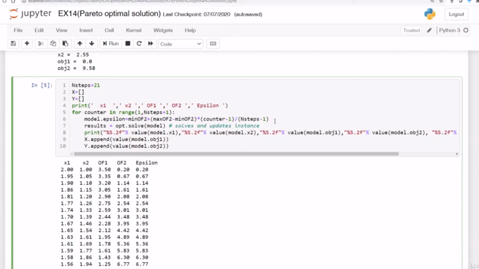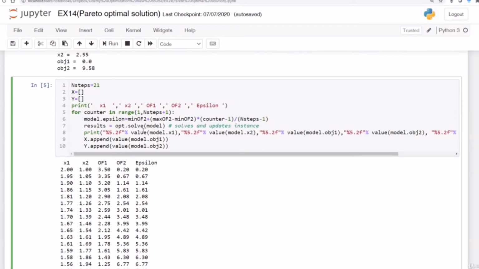I write a for loop, and at each iteration I am updating the value of the epsilon. So at the first iteration it is minimum OF1, and at the final one it becomes a maximum OF1.